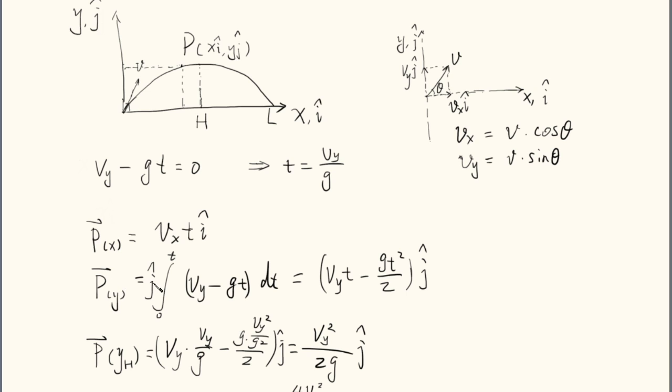So we have a unit vector j, and the integral from time 0 to time t of the velocity on the vertical direction, Vy minus gt, times dt. And this is the position on the y direction.